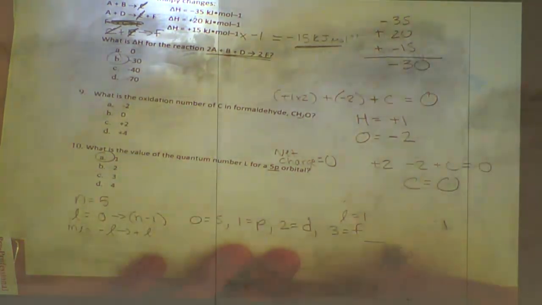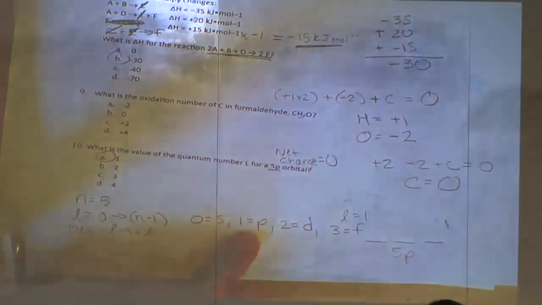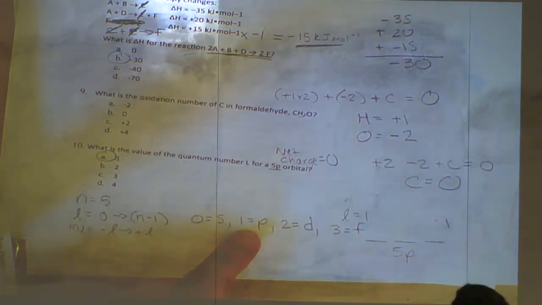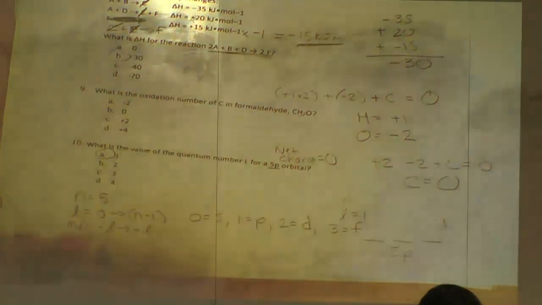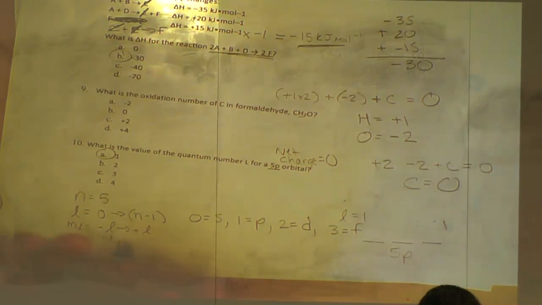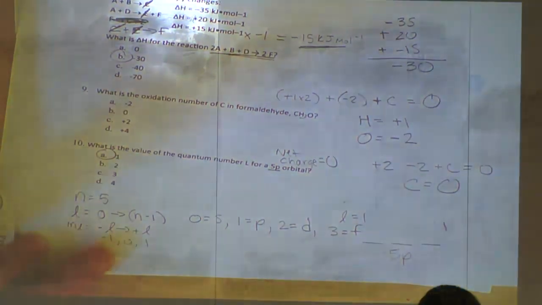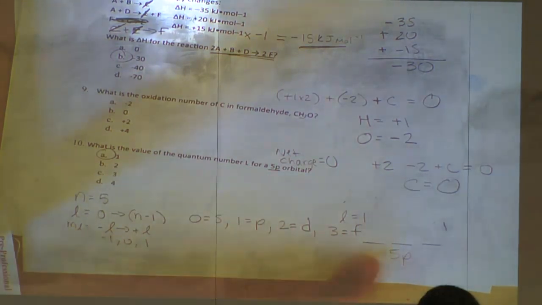So you remember how when you have a P, you have 3 lines over it? Why do you have 3 lines there? Well, P means L equals 1, so my ML can be anywhere from negative 1 to positive 1. So negative 1, 0, and 1. How many numbers is that? How many orbitals do I have?